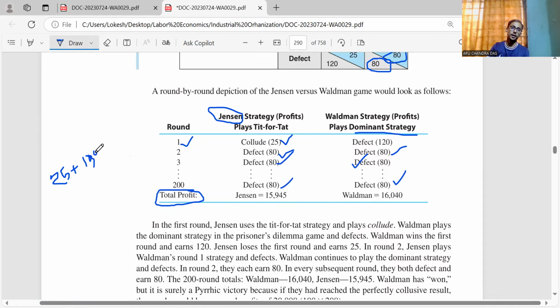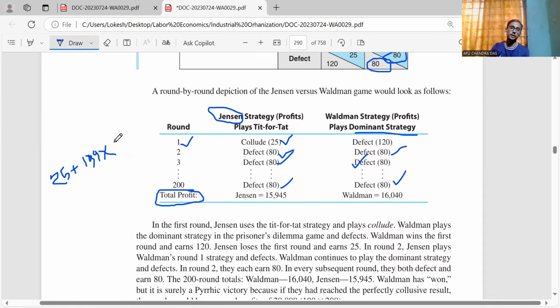After round 1 up to round 200, Janson earns $80 every round, so there is no difference.